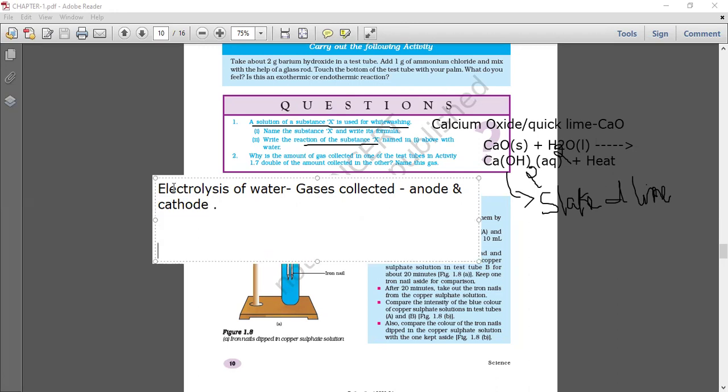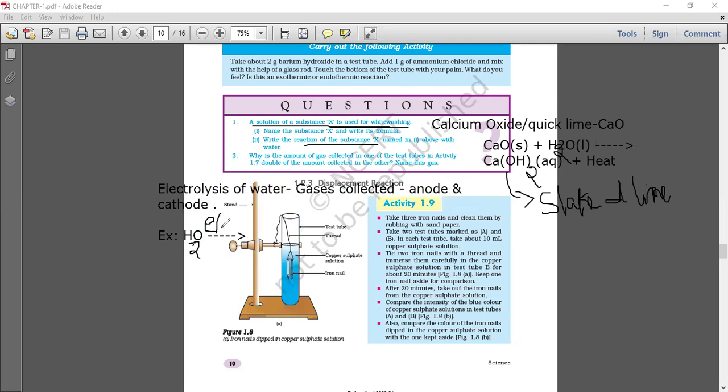Suppose you write the chemical reaction. What are we taking? We are taking water, so the formula is H2O.